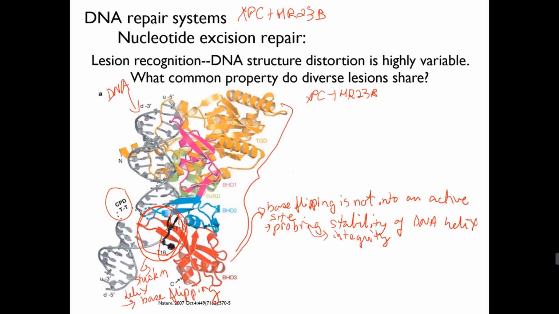Can I insert the protein complex into the DNA? If I can, I then flip out the bases? And this base flipping is then what actually leads to the conformational change that adds that additional kink to the DNA that then promotes all the downstream protein recruitments.